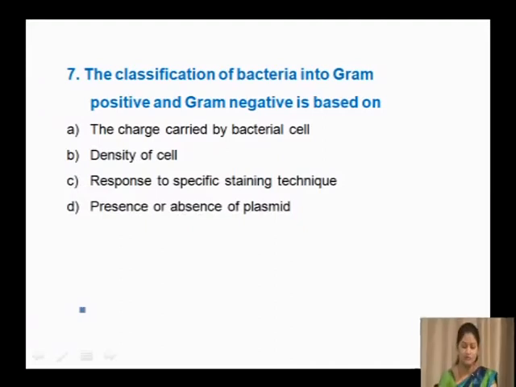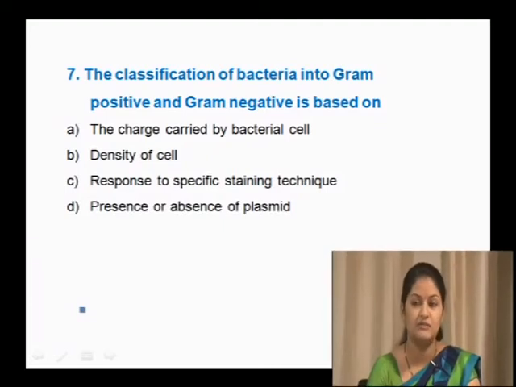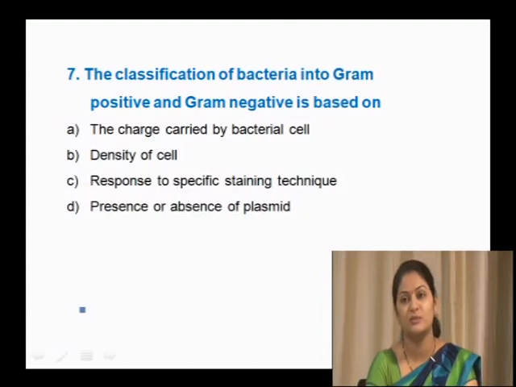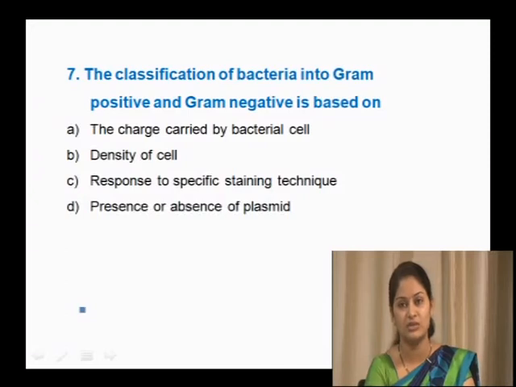The right answer for this is option C, which is the response to specific staining technique. Now let me give some detail of this option. The process of staining, which concludes whether a bacterium is gram positive or gram negative, is based on a technique called Gram's staining.